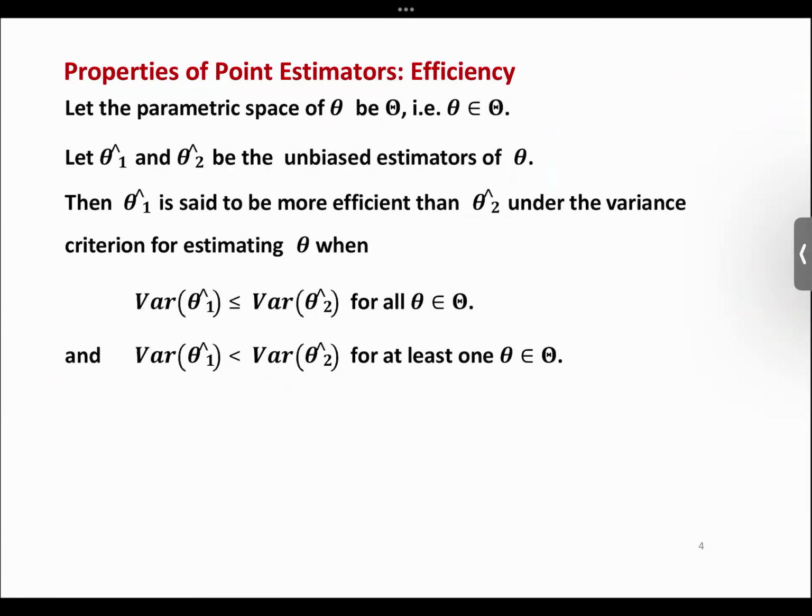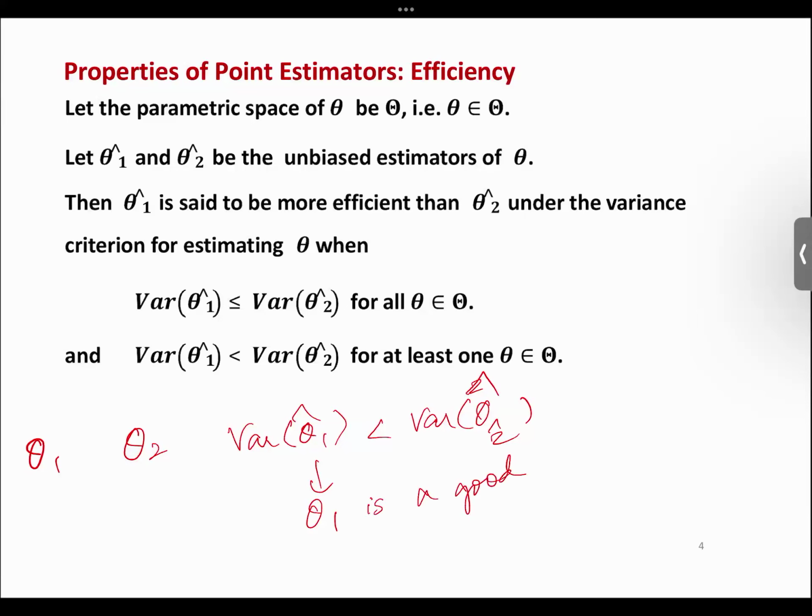And also, when you compare two estimates, theta 1 and theta 2, if you have to choose which estimate is better than the other, if the variance of theta hat 1 is smaller than the variance of theta hat 2, this means that theta hat 1 is a good estimate.